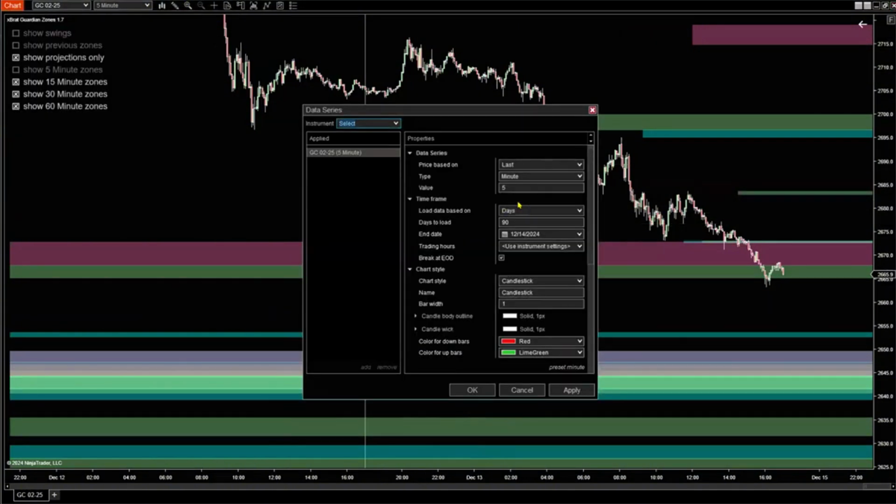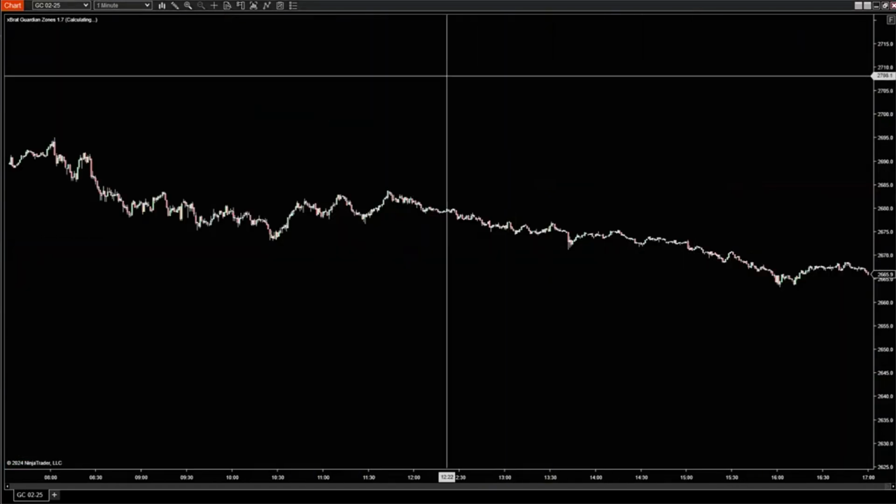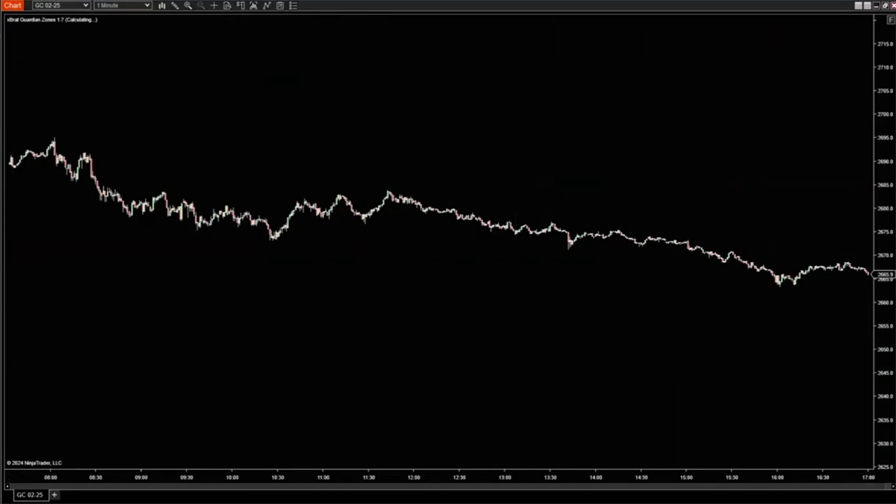It's going to take a while to calculate now because I'm on the 1 minute. But the idea with this is that it's an essential part of your trading, just like the Trading Buddy, because Trading Buddy gives you those vertical lines of control where those data points are.